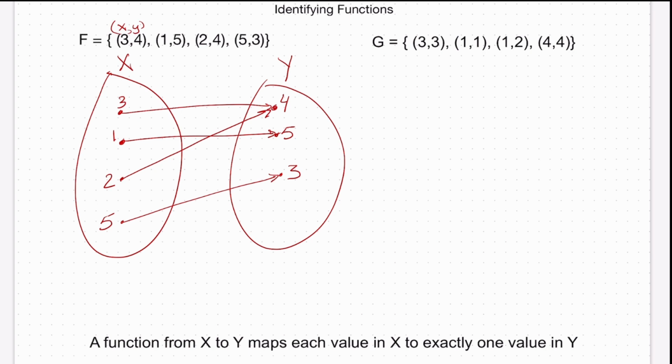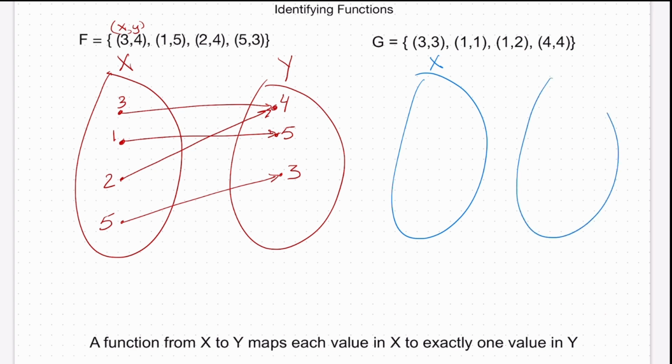So let's go through this other example. We have x and y. So we have a value 3. It is going to map over to this other value 3. Then we have a value 1, which maps over to a value 1.